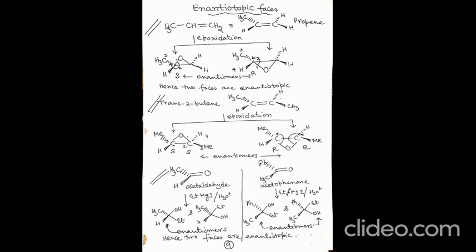So these two are SS and RR, and therefore they are again enantiomers, and hence the two faces of trans-2-butene are enantiotopic.